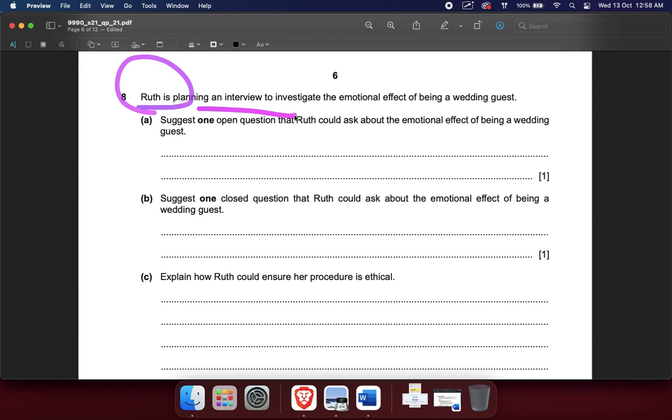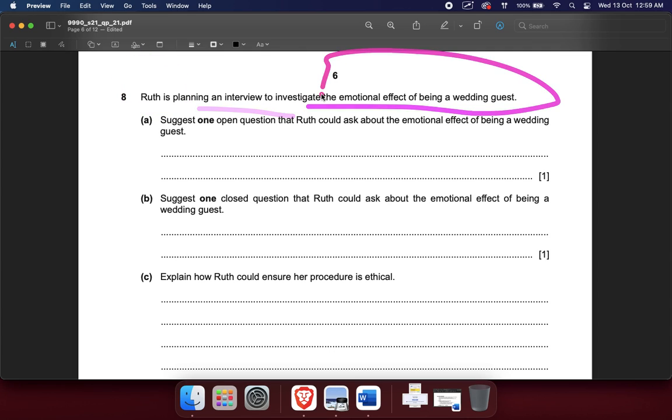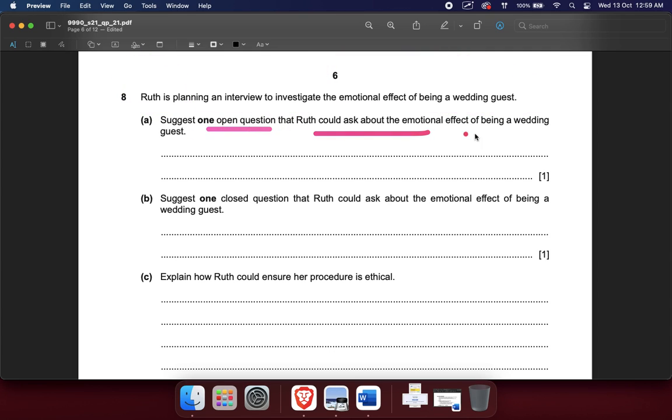Ruth is planning an interview to investigate the emotional effect of being a wedding guest. So, suggest one open question that Ruth could ask about the emotional effect of being a wedding guest. Open is the key word here. Open means that you should ask a question that requires people to answer with a lot of words. Usually the easiest way to do this is just to put the word describe in front.